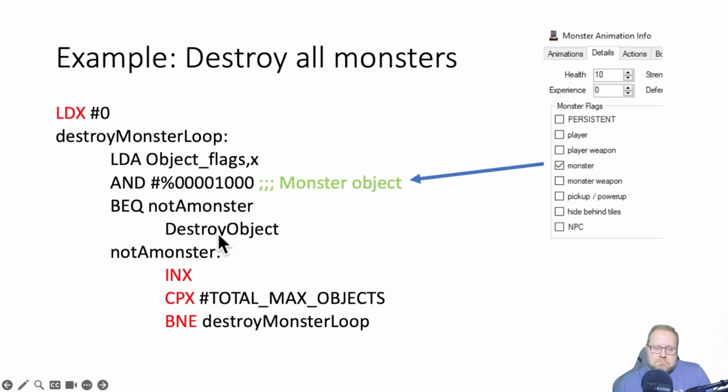Yes, no. If it is a monster, destroy it and continue. If it's not a monster, then skip this and continue on to the next one. So that's how we would go through all the active objects. All the objects that are active on the screen right now, and check if they're a monster or not. If they're a monster, we destroy it. Okay, maybe a little bit complex, but we're gonna come back to this AND thing later.